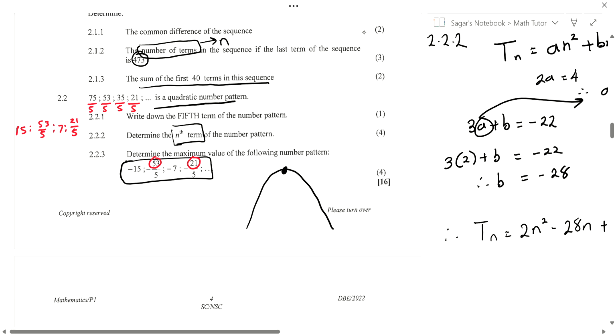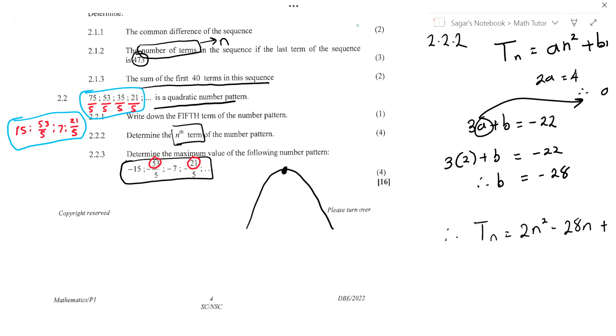So we observe that this sequence when divided by 5 is equal to that, which is very similar to what we have in 2.2.3. However, all the terms are negative, so they have multiplied the entire sequence by negative 1.